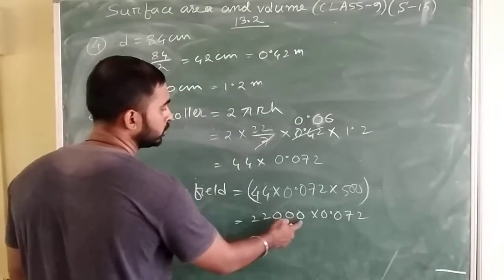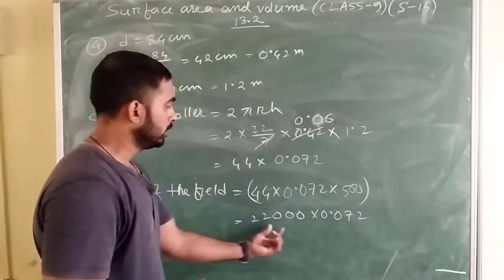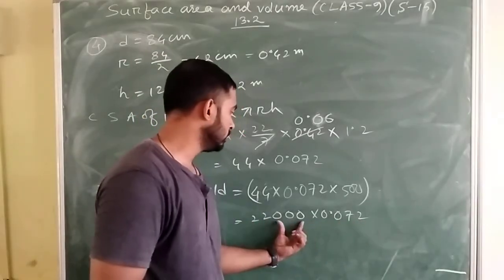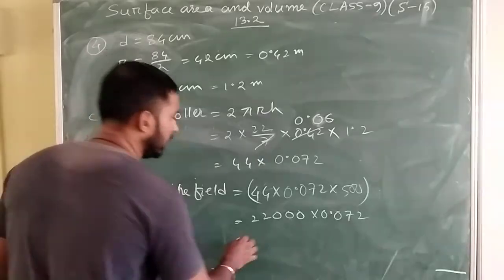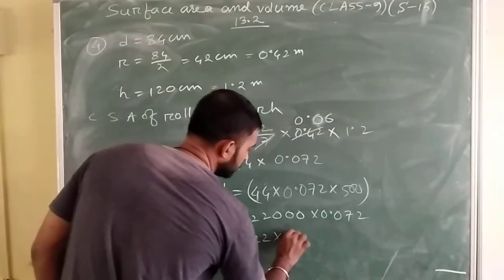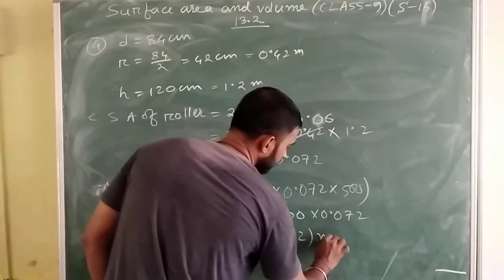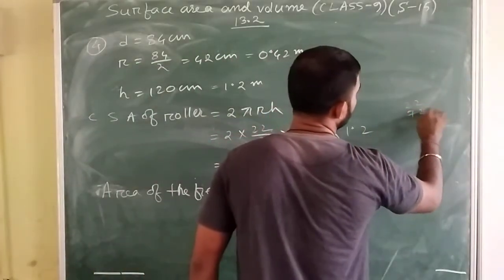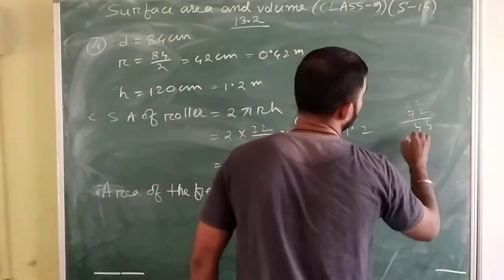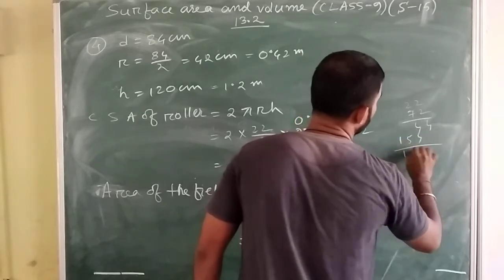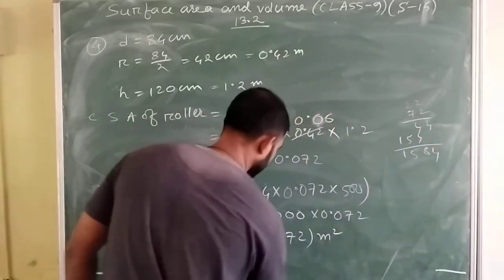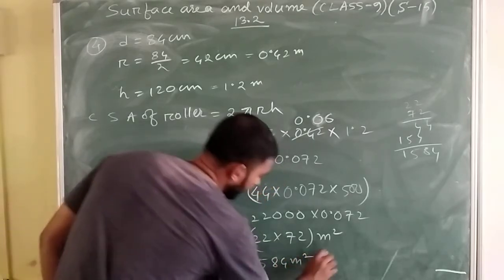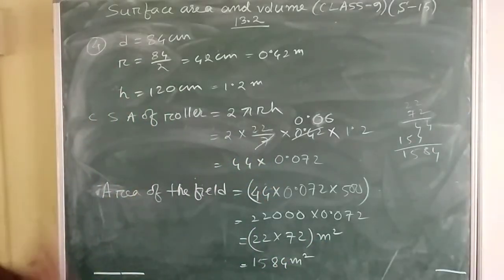Here after the decimal there are 3 digits, and here 3 zeros are there, so these zeros and this decimal cancel. Ultimately 22 into 72 square meter. Now multiply them. 22 into 72 is 1584. So the answer is 1584 square meter. This is the area of the field.